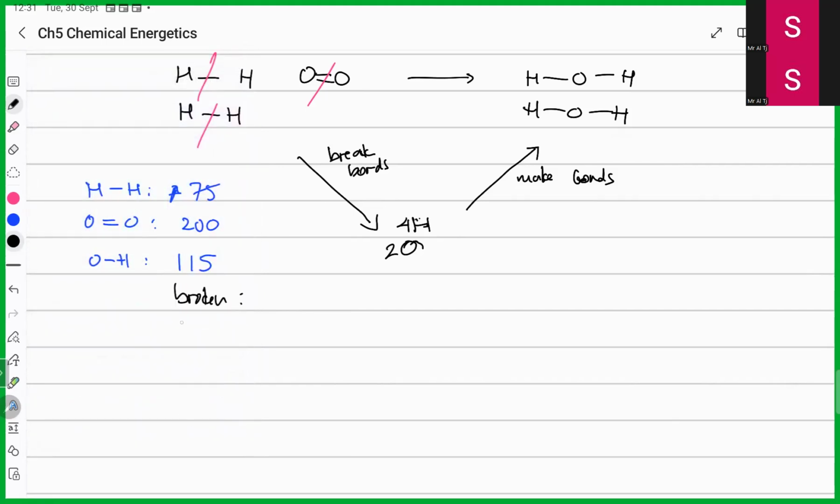We have here hydrogen to hydrogen and oxygen double bond to oxygen. Next, we find the number of them. We have 2 hydrogen and only 1 oxygen. We multiply by the energy: multiply by 75, multiply by 200.